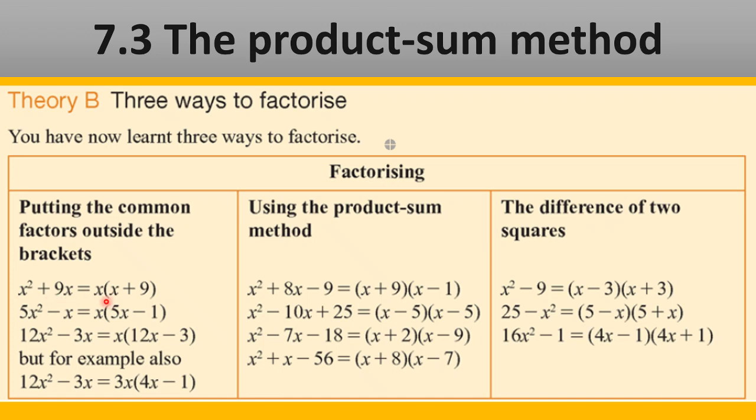This is 7.2 theory A. Then we discussed the ProductSum method, and the last way that we discussed, in 7.2c, was the difference of two squares. The difference of two squares is important, but you will find that the first two are more important.